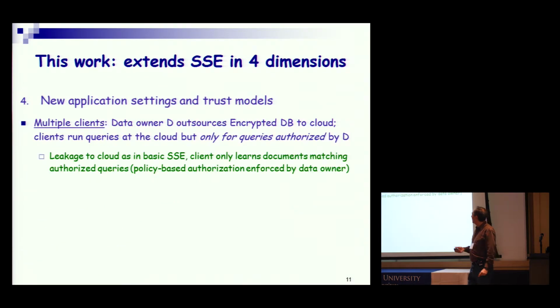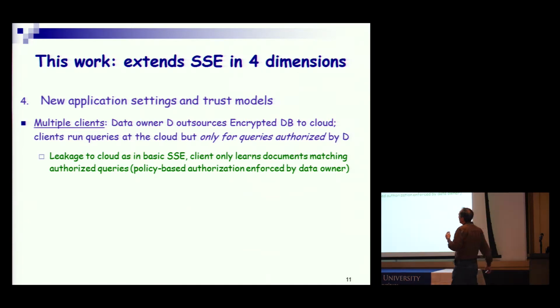The fourth one is extending the application settings and the trust models in which this search on encrypted data works. So while in the basic searchable symmetric encryption, one usually assumes a single client. I mean, you take your data, you put it in the cloud, and then you are the only one to search on it.